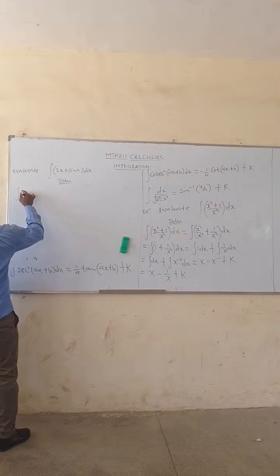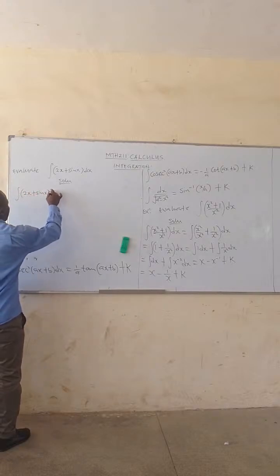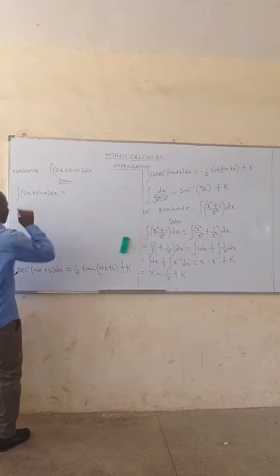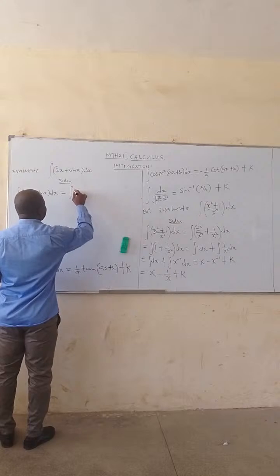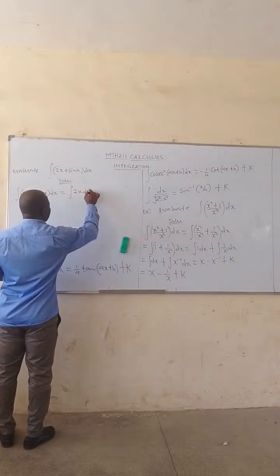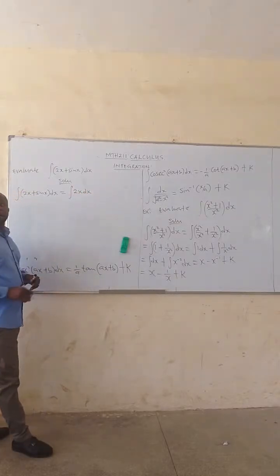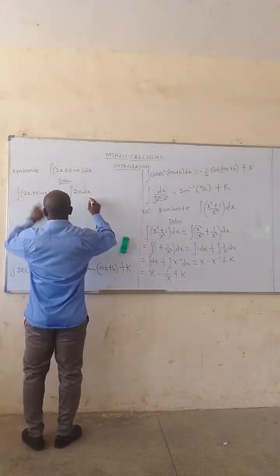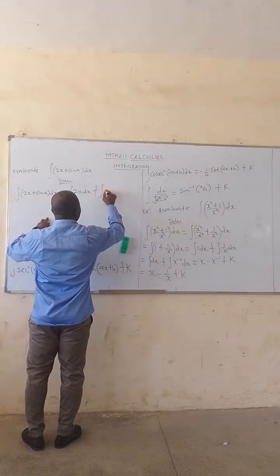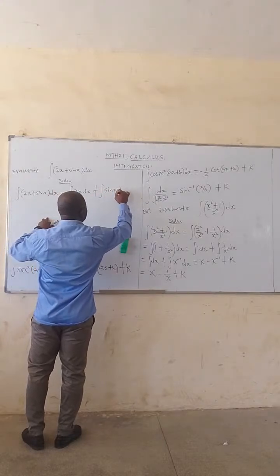Our integral of 2x plus sine x dx is equal to, this is the same thing as the integral of 2x dx, true or false? You people should listen though. Then what we have here plus the integral of sin x dx.